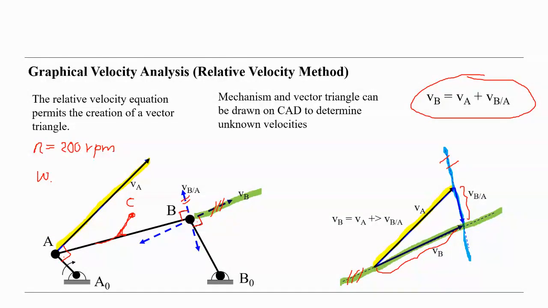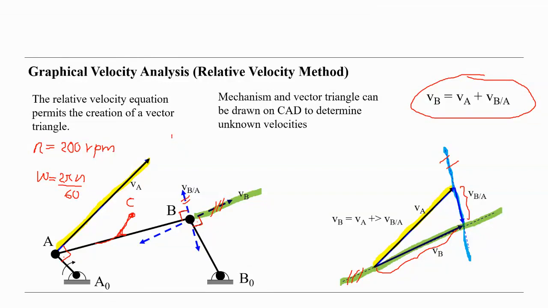So the angular velocity omega is equal to 2 times pi times n, and since this is per minute, we have to divide by 60 in order to calculate in radians per second.